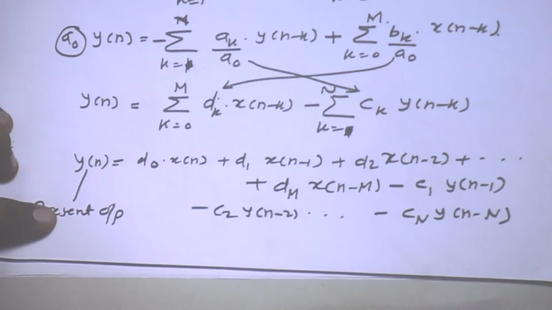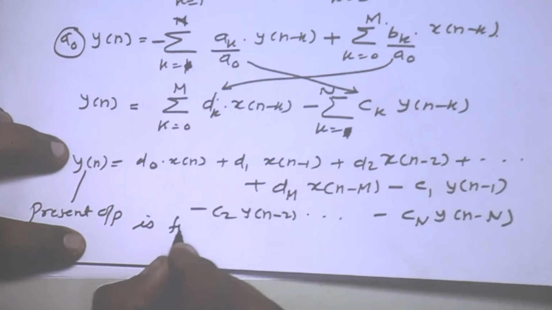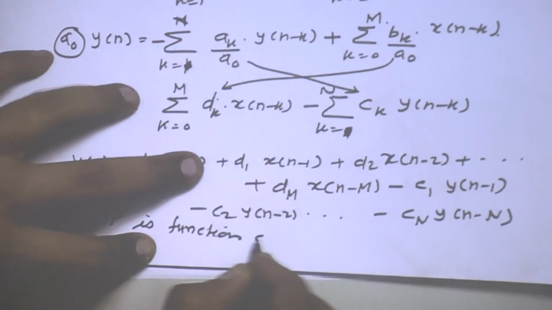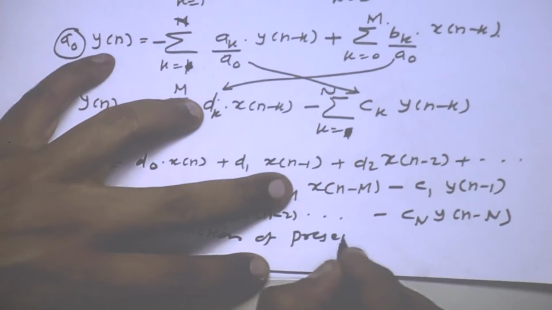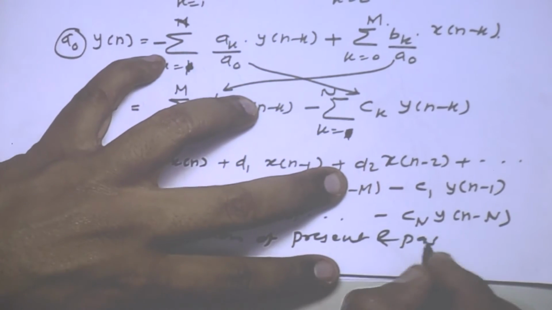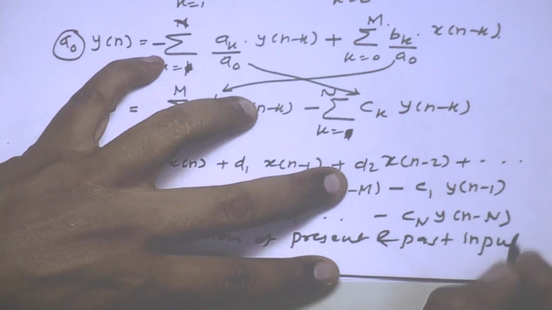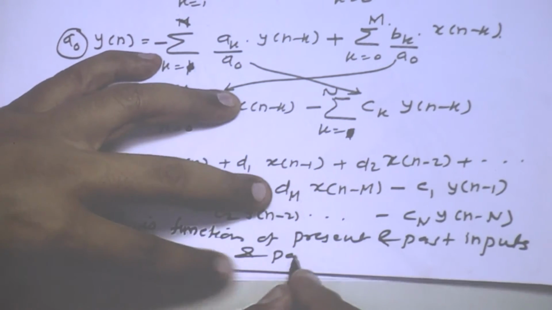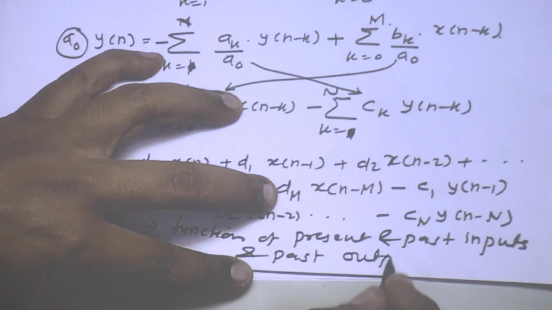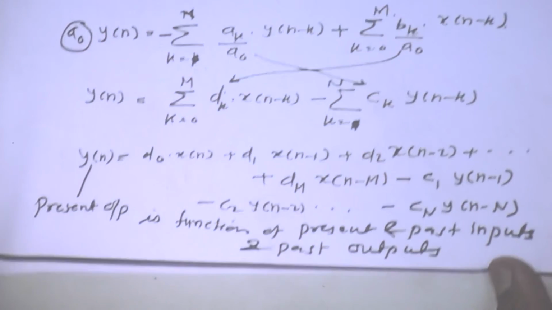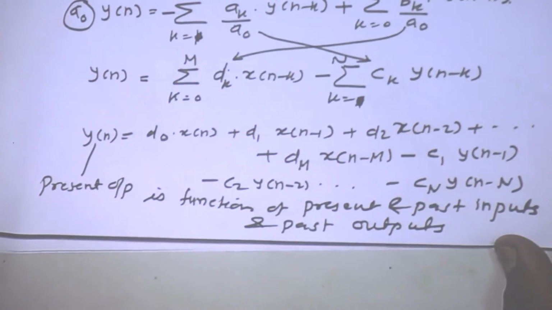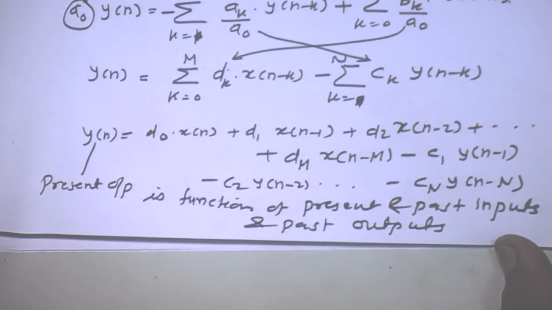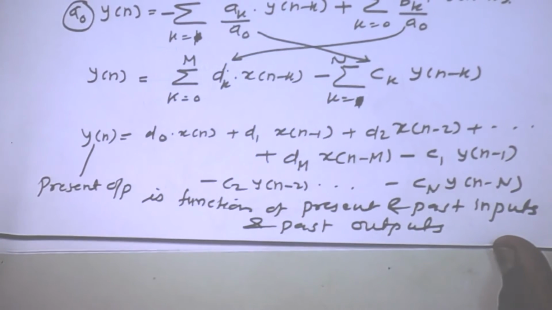So the present output is a function of present and past inputs and past outputs. Which is what we want.